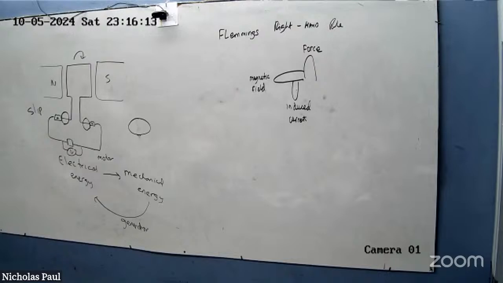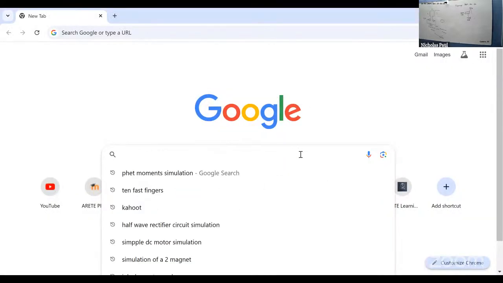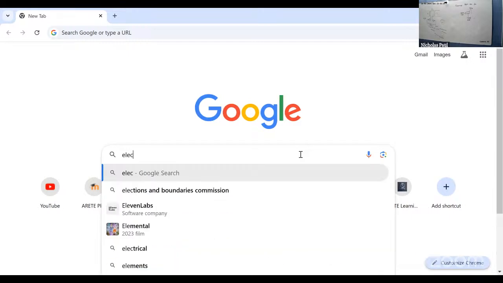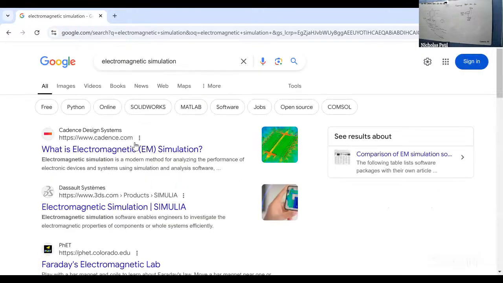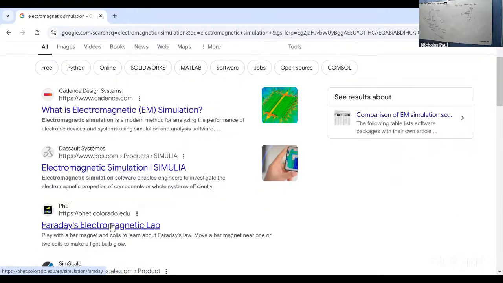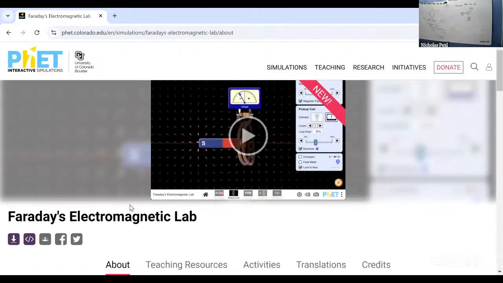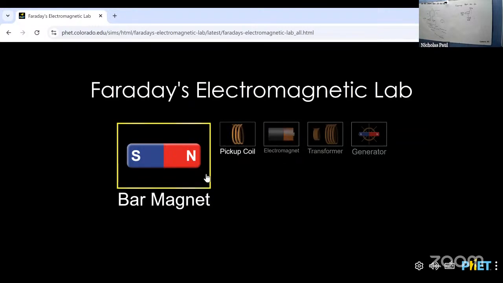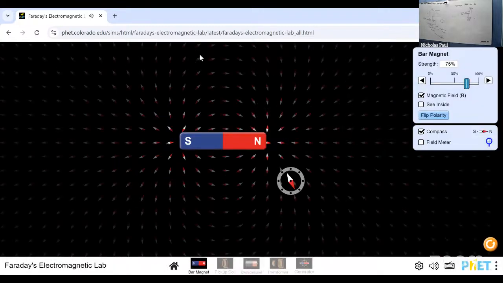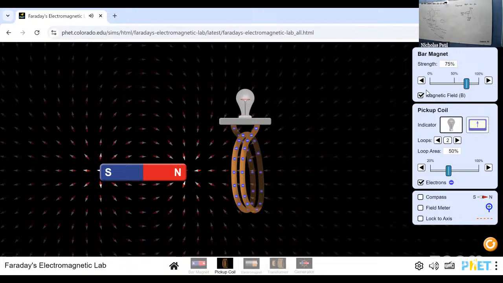It's just giving you an idea of how it will work.